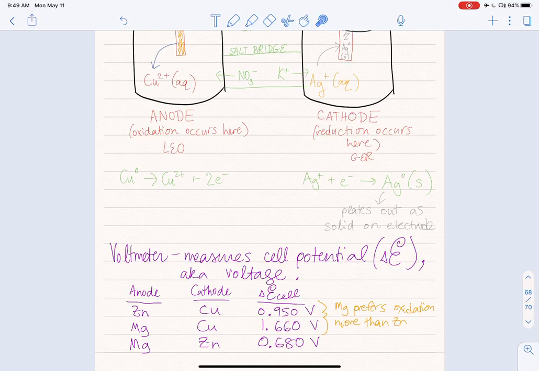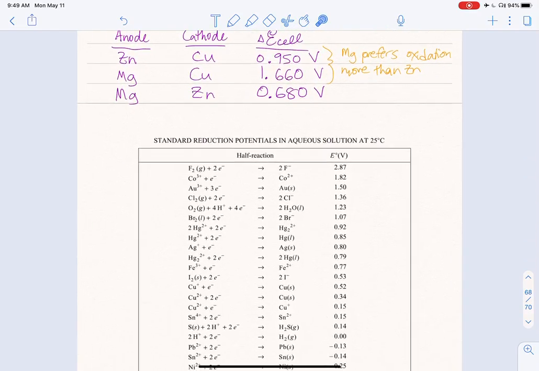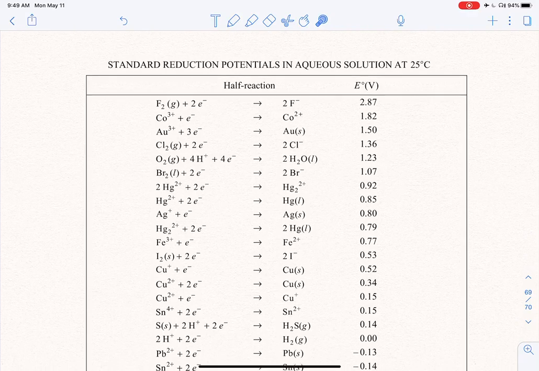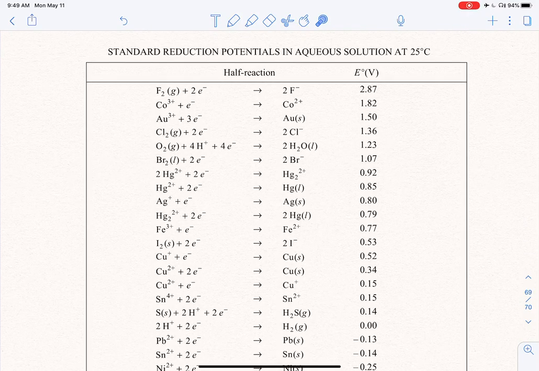All right, so in your book, you have a whole table of standard reduction potentials. This is in the appendix of your book. It's also in the reference tables in OWL. And these are standard reduction potentials at 25 degrees Celsius in aqueous solution for many common half reactions. Okay, so this is not the exact same table as your book, but it has the same information.